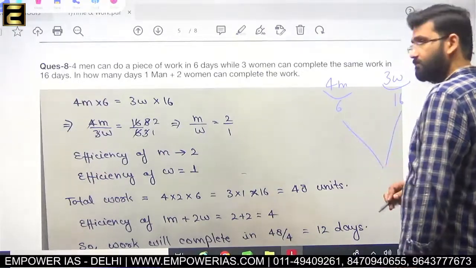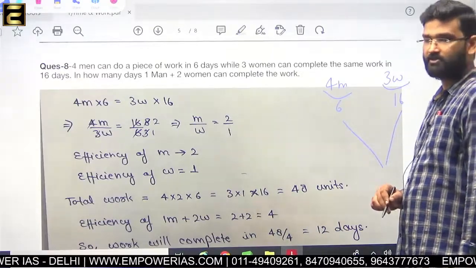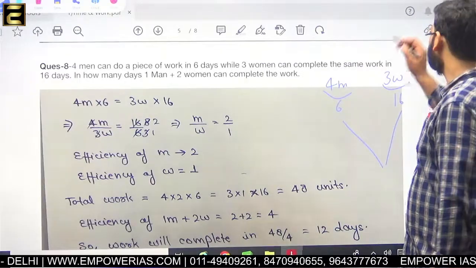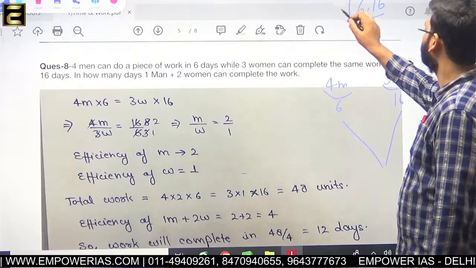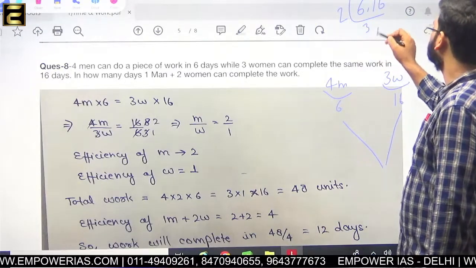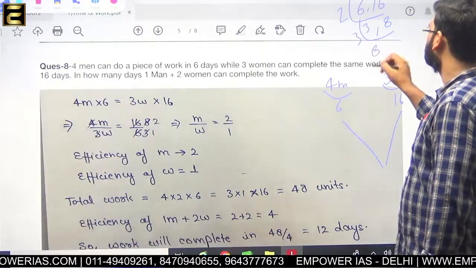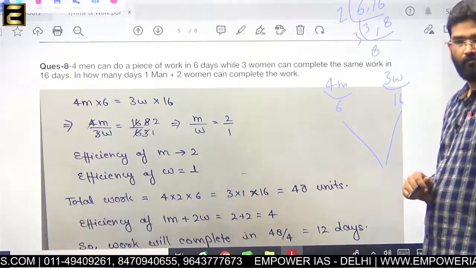We have to assign a numerical or quantitative value to the work. So in that case we have to take the LCM of 6 and 16. What is the LCM of 6 and 16? 8 times 2 is 16, into 3, 48.